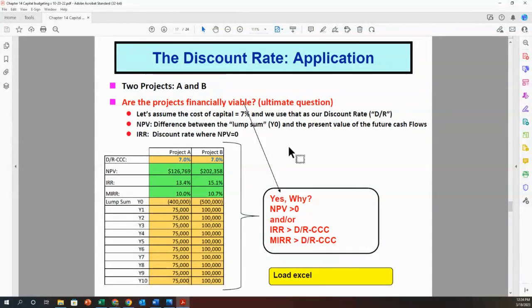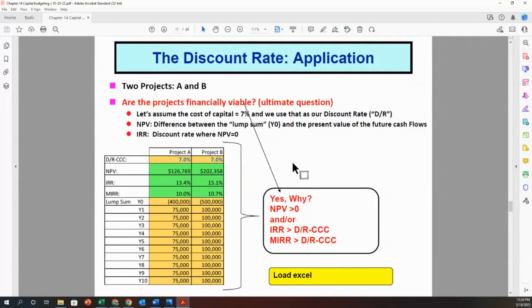Here's how we determine it. If the net present value is greater than 0 and/or the IRR or MIRR are greater than the discount rate, the project is viable. So you have to memorize that. Memorize it. It's going to be on the final.